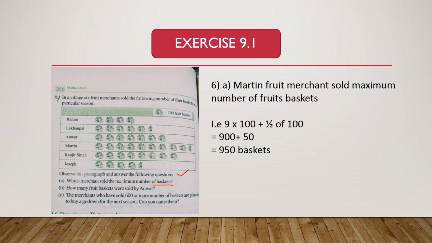So 9 multiplied with 100, that is 900, and half of the 100 basket is 50. So 900 plus 50 is 950 baskets. So Martin sold 950. This is the maximum number of fruit baskets. So Martin merchant sold the maximum number of fruit baskets, that is 950.